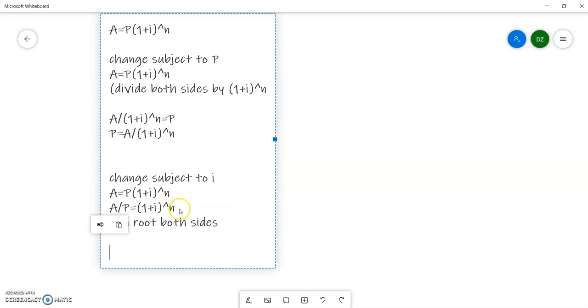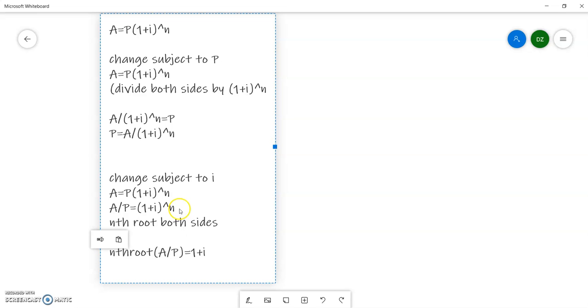Because I don't have the nice maths set that I can type everything, I hope you follow what I'm doing. So it's the nth root of a divided by p. And now that 1 plus I is isolated, the last thing I have to do is get rid of that 1: minus 1 over, because plus 1 becomes minus 1 when we move it to the other side.